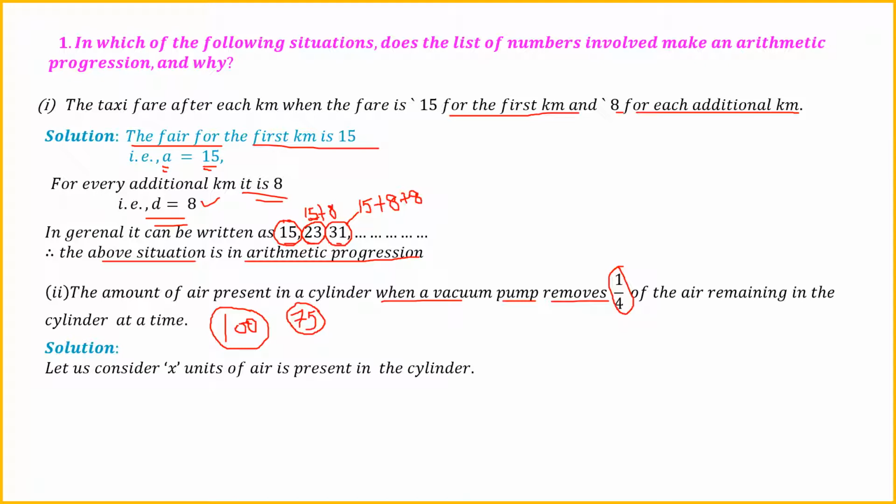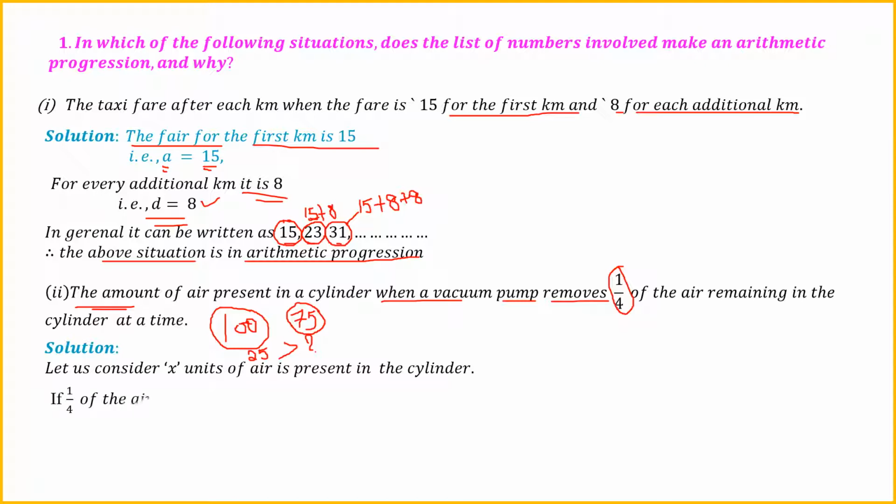One-fourth of 100 is 25, and one-fourth of 75 is less than 25. Therefore, this situation does not form an arithmetic progression.